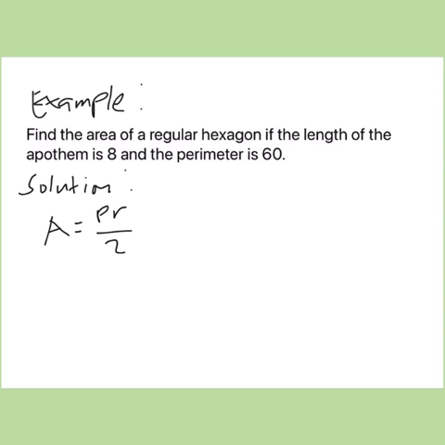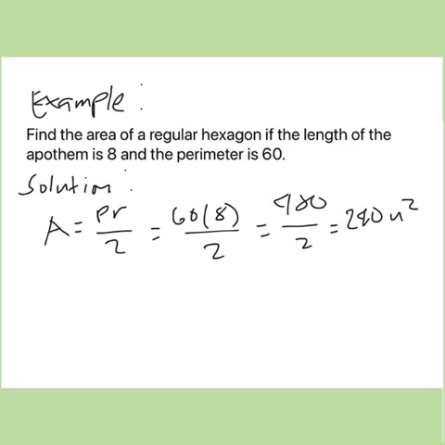We use this formula because we have a given measure of perimeter and an apothem, equals 60 times 8 divided by 2, which is equal to 480 over 2, which is equal to 240 units squared. So this is now the area of a regular hexagon with a perimeter of 60 and apothem of 8.